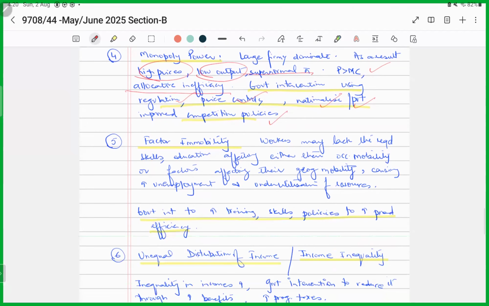Factor immobility is also one of the drawbacks of the market system, right? Workers may lack the required skills. Maybe they don't have the education or the skills necessary, so that is leading towards their occupational immobility. It could also be hampering their geographical mobility if there are factors like lack of housing, or maybe transportation expenses.